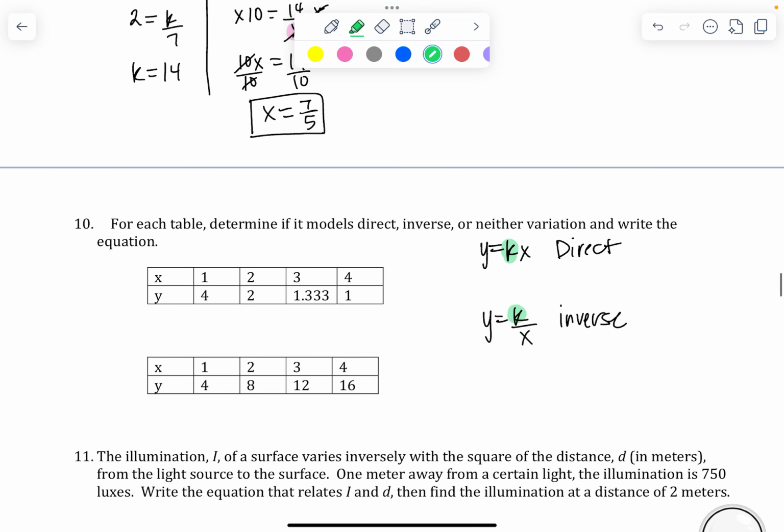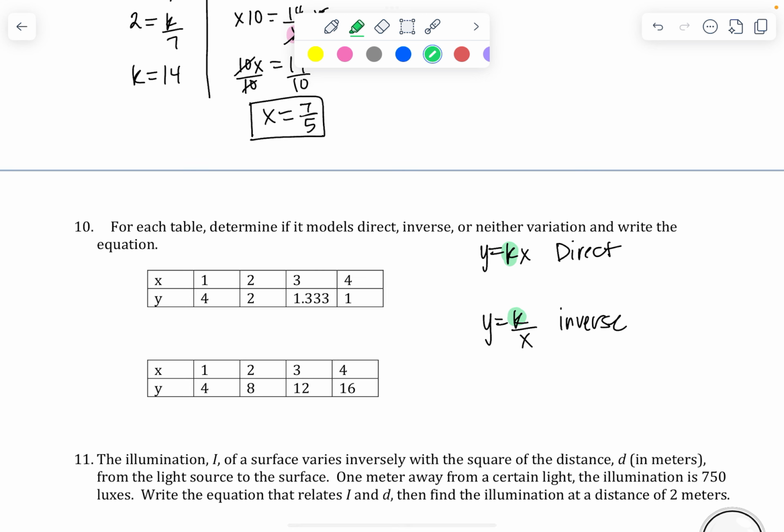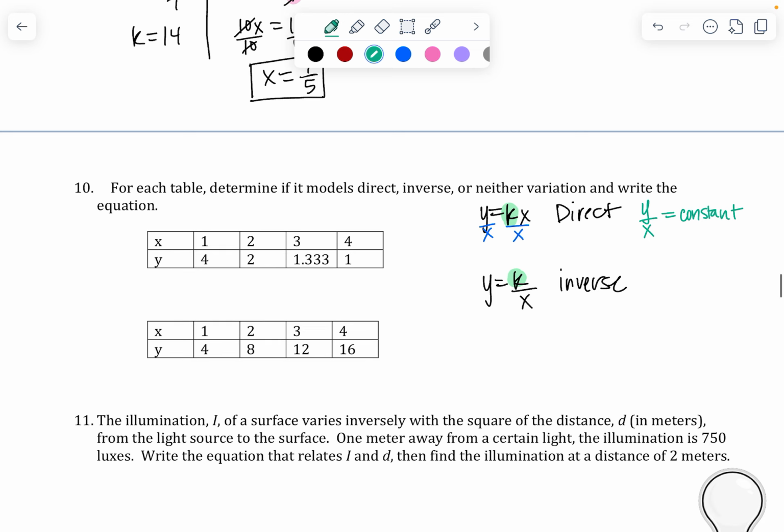And so in general, if I were to solve for this k, in the direct case, we would have to divide both sides by the x. And so for direct variation, you're looking for the ratio of y divided by x. That should be constant, because it's going to equal that k value.